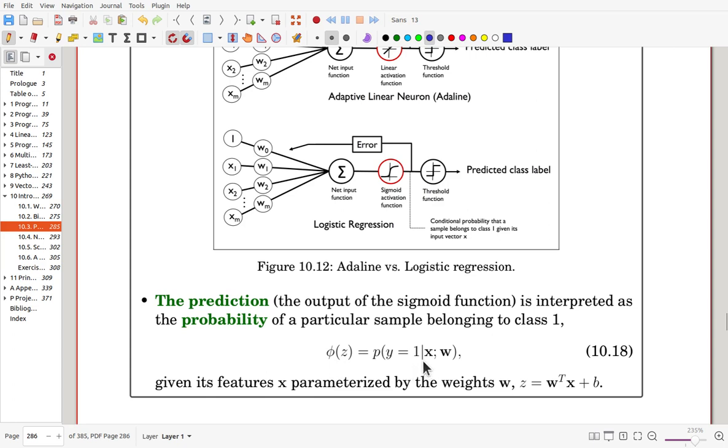Now, for x, the probability of x belonging to class 1 given the weights, where z is the net input. So we may interpret the activation value as the probability. And there is also some theory to support this claim. In a machine learning class, you learn the details.